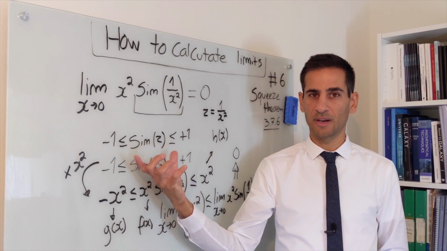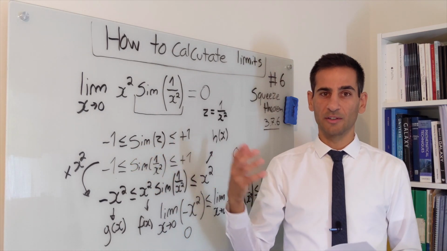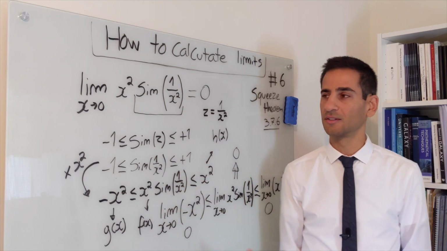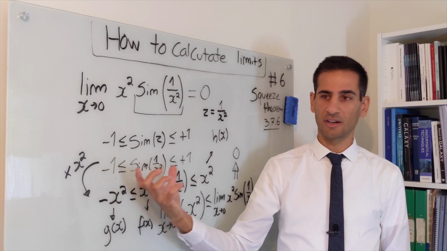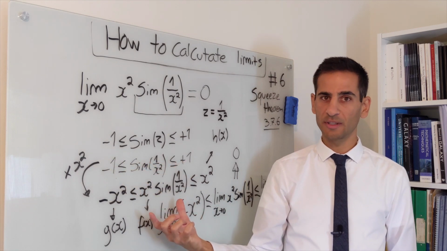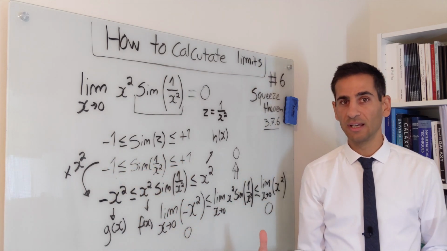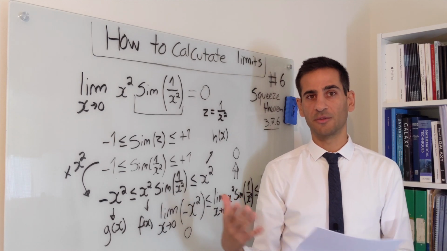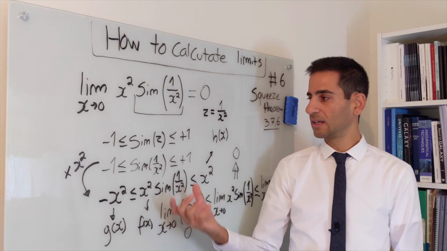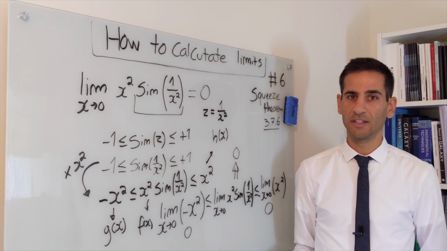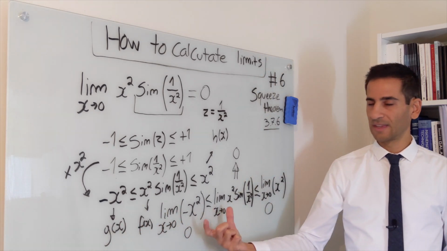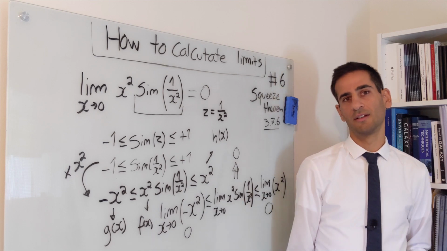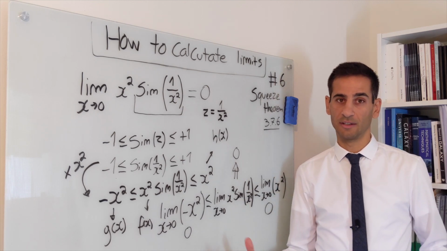It's really just about understanding that specifically for trigonometric functions, they will vary between specific values. And if you can start with this condition and then transform it, you will solve a lot of limits. In other cases, and I'll try to show some more complicated ones, this is really not possible, and you actually need to come up with functions g of x and h of x that bracket the function. But we'll get there in another video.